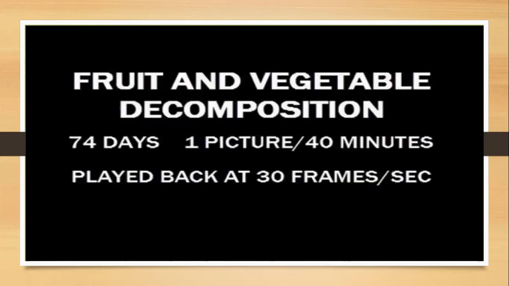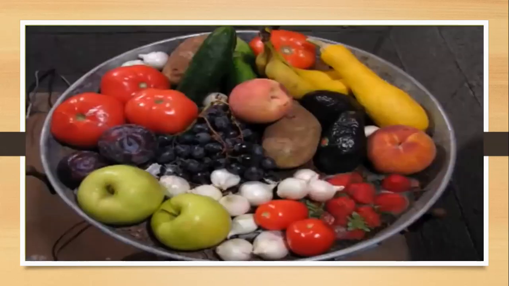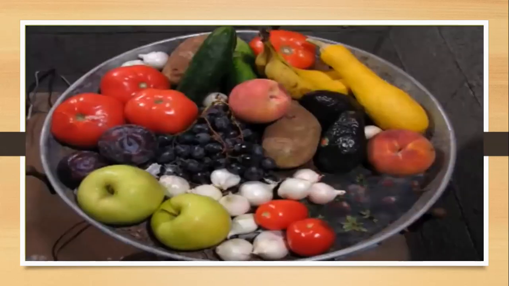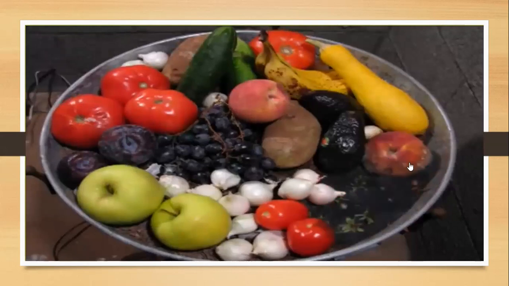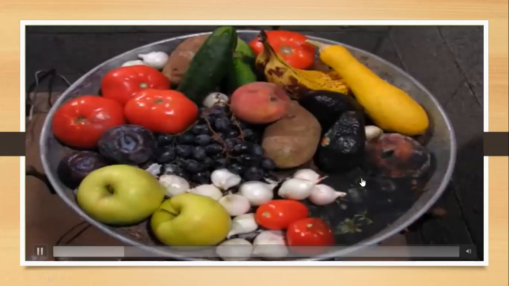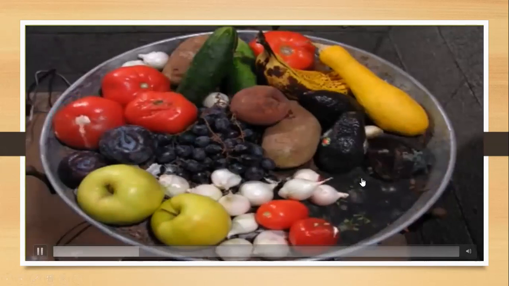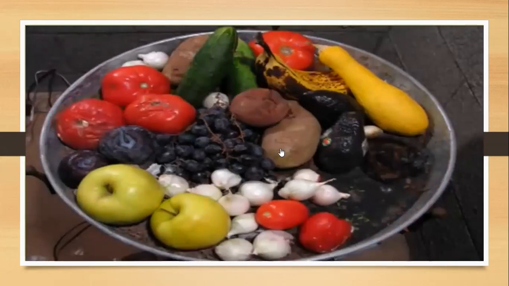Of course, we will not eat those rotten fruits, but they are very, very beneficial to the ground and to forming the soil. You see, they are rotten and then they will form soil. Of course, this takes a lot of years.